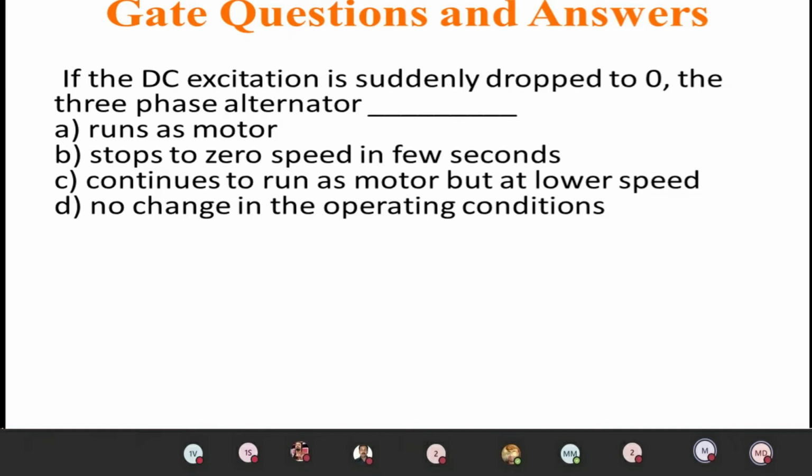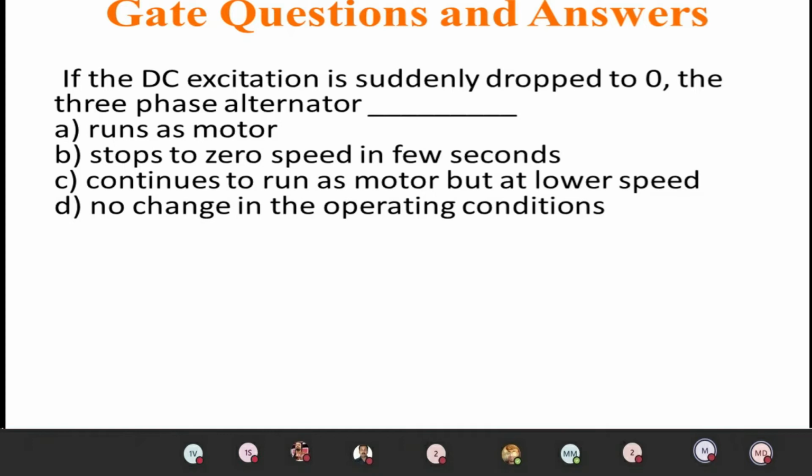But in a synchronous generator we are producing power, converting mechanical energy into electrical energy, whereas in a synchronous motor the machine converts electrical energy into mechanical energy.